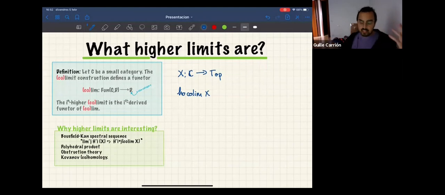The problem is that this is a topological space, and maybe it is hard to compute, because we don't know how to replace this functor with another that is nice for computing the hocolim.